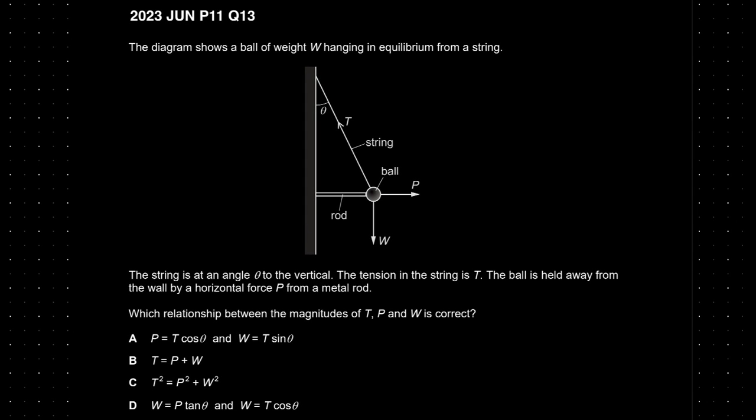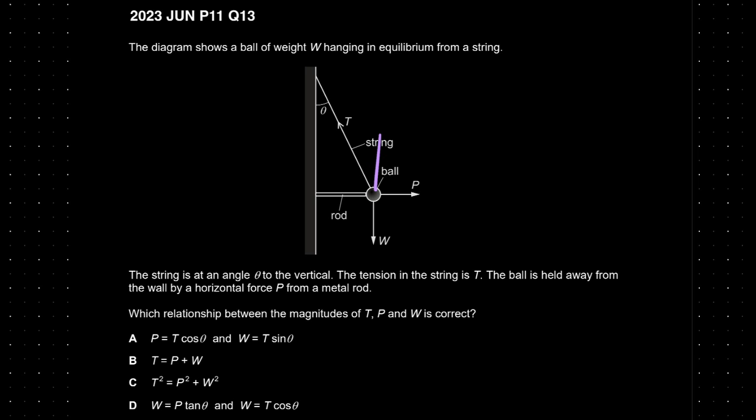Question 13, the diagram shows a ball of weight W hanging in equilibrium from a string. The string is at an angle theta to the vertical, tension in the string is T. The ball is held away from the wall by a horizontal force P from a metal rod. Which relationship between the magnitudes of T, P and W is correct? Again, let's first do this for ourselves. This would also be theta, this one.